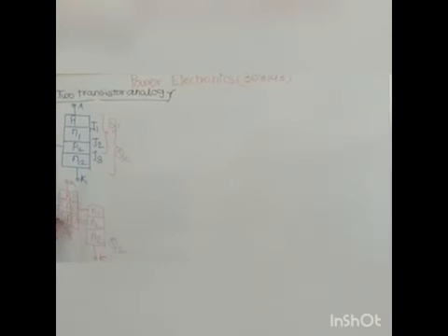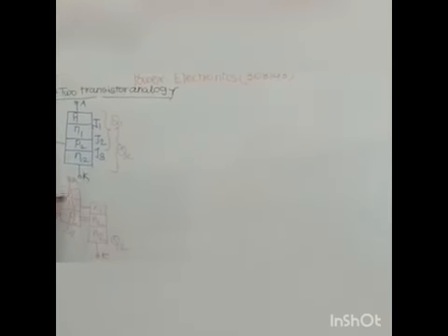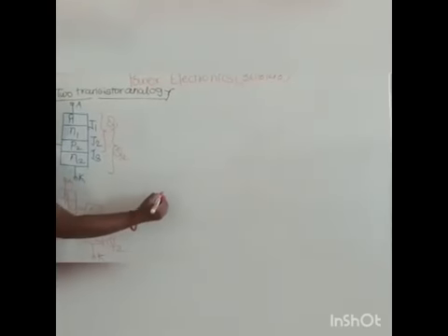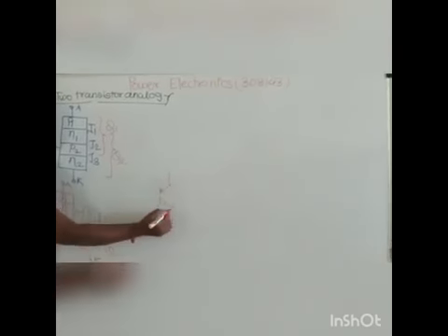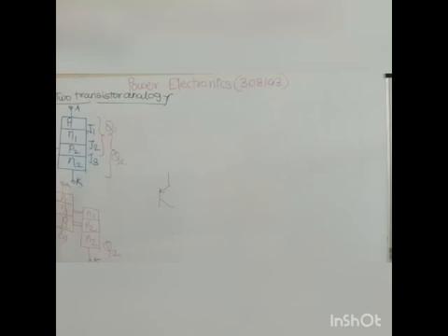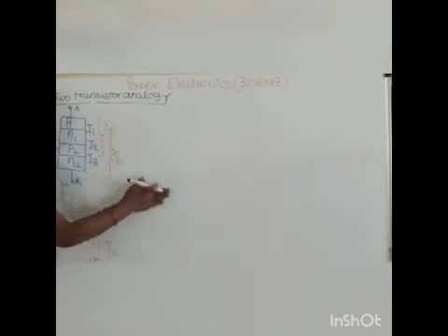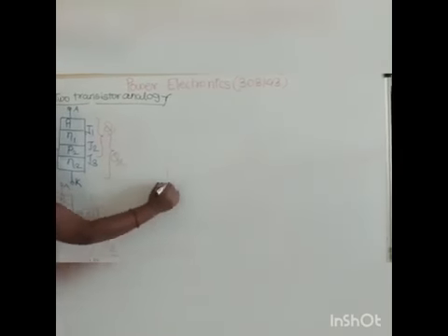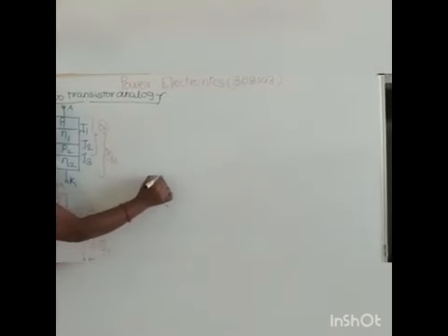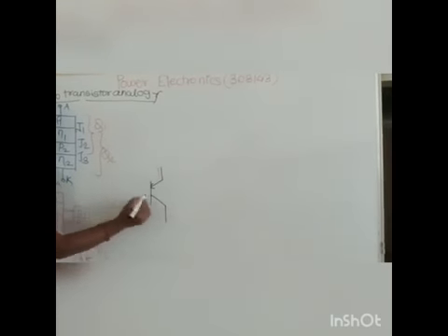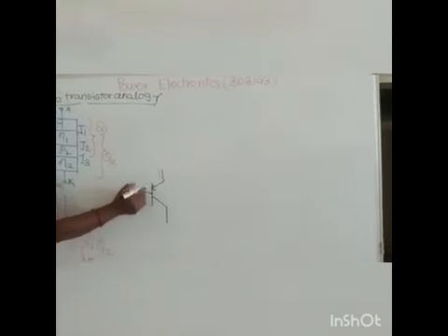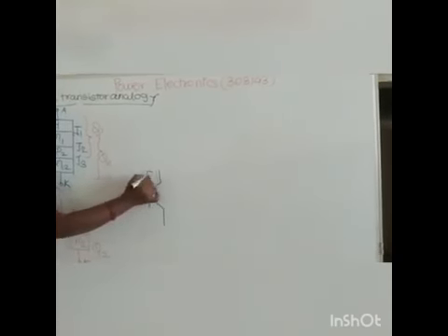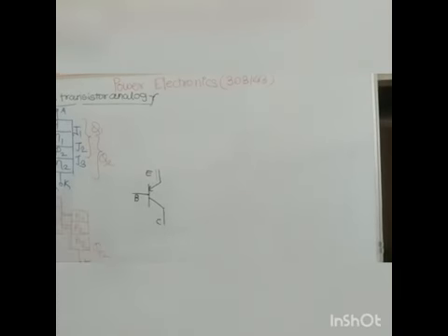This PNP transistor is there. Here I will draw the PNP transistor. This middle terminal is base, arrow side terminal is emitter, and remaining terminal is collector.